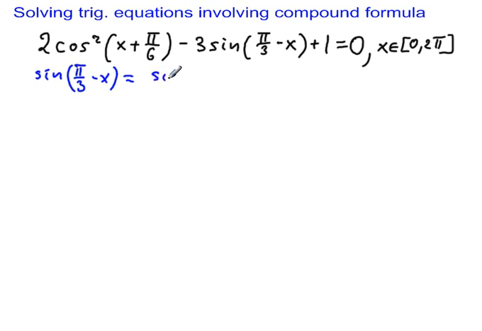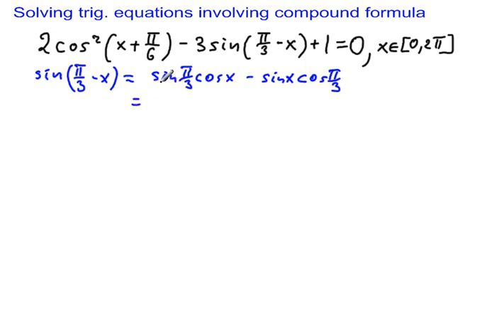So this is sine pi over 3 cosine x minus sine x cos pi over 3.